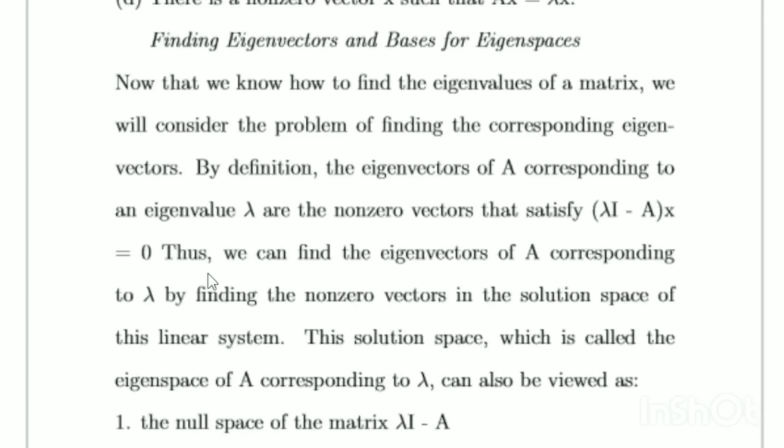That is, the eigenvectors are vectors that satisfy the equation lambda I minus A into x equal to 0, that is lambda x equal to Ax. The solution space of this linear system is called the eigenspace of the given matrix A. Okay, we can check how to find the eigenvector of a given matrix.